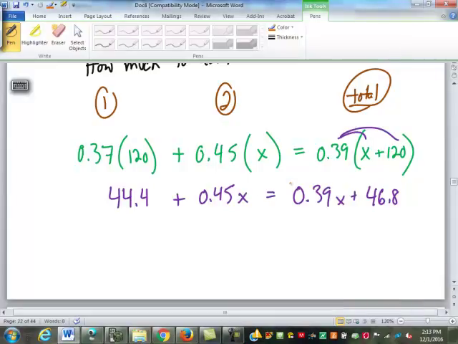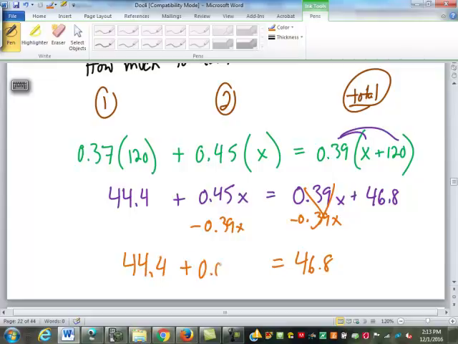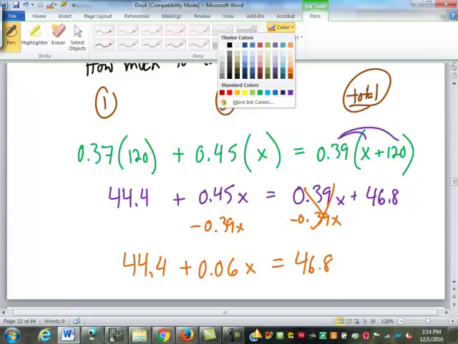We have an x on each side, so we're going to get rid of one of the x's. So we're going to subtract the 0.39x. So it's gone over here. We've got 46.8 is all that's left. Over here we've got the 44.4. 0.45 minus 0.39 is 0.06x.